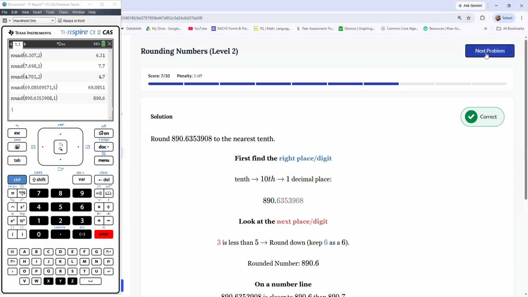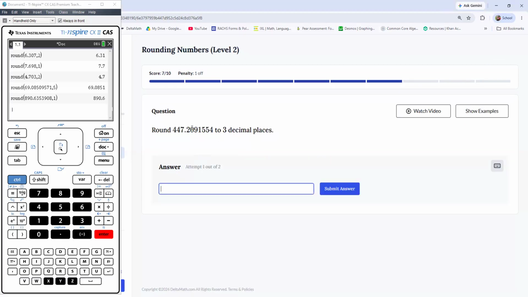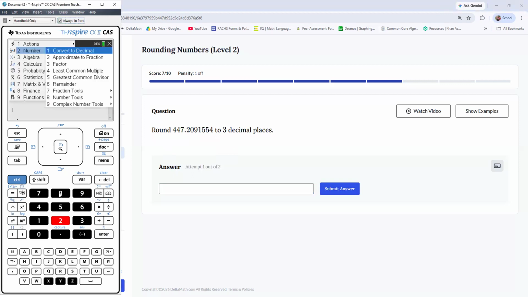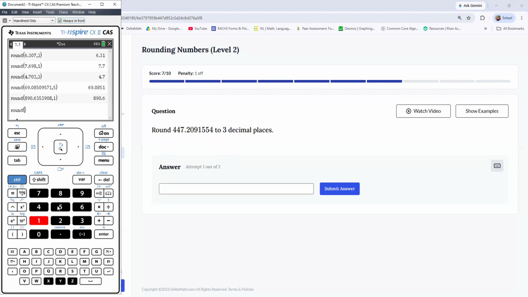Let's do one more question. We're right around the 5-minute mark. So they're telling you they want this to 3 decimal places. 3 decimals, 3 zeros. So this would be to the thousandth place. That's the equivalent way of saying that. Menu 281. And we're going to type this number in, 447.2091554, comma.